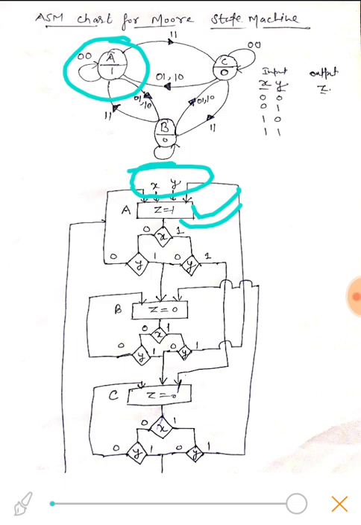In state A, z is equal to 1, and now if the input x, y is given, how many combinations of x, y can there be? 0 0, 0 1, 1 0, 1 1. If x is 0, then we have 2 possibilities of y, 0 and 1, and if x is 1, then we have 2 possibilities of y, 0 and 1 as well. So 4 combinations are there for x and y.